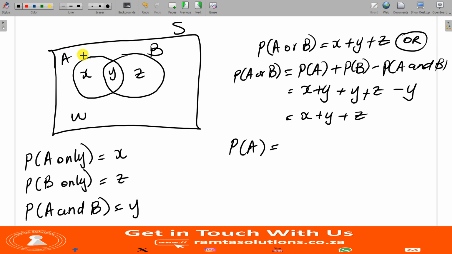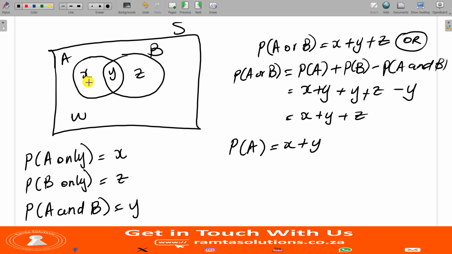Now, what is probability of A? Probability of A will be all elements inside the A circle. It is X plus Y. Guys, please note, the values given here are probabilities and not necessarily the elements themselves. They are not the elements or the outcomes themselves.